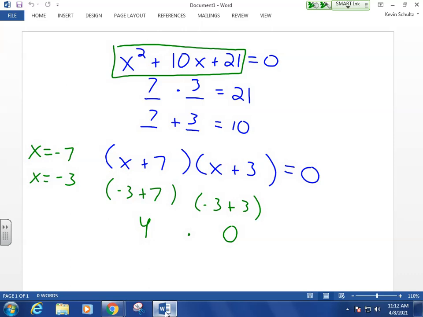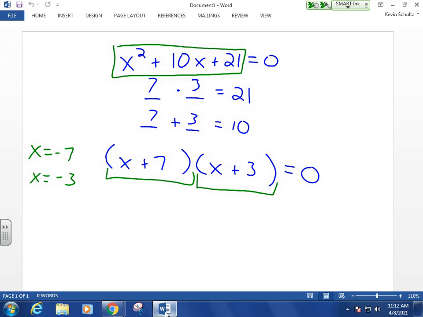So essentially, once you get this down in a factored form, what we're looking for is what value for x makes our first set of parentheses equal to 0, negative 7. What value for x makes our second set of parentheses equal to 0, negative 3.